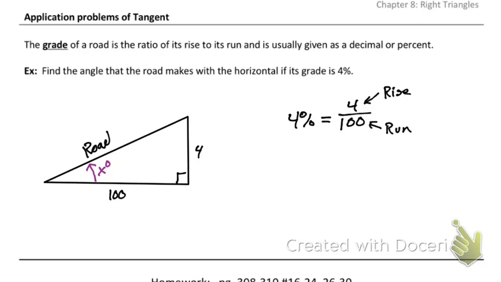So this might actually be 200 to 8. It might be 300 to 12. Or it could be somewhere in between that doesn't fit that ratio really well. For every 100 you go out, you go up 4. So the road might actually be here. We just need to figure out where that is. But they're not asking us for the length of the road. They're just asking us for this degree measure here.